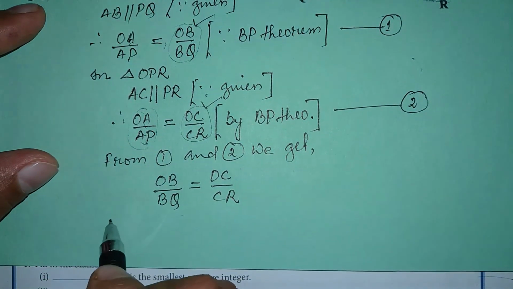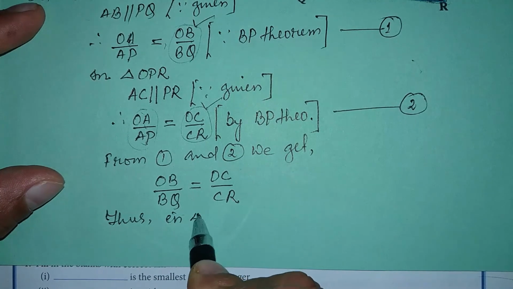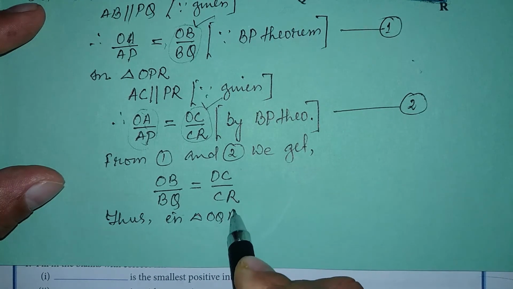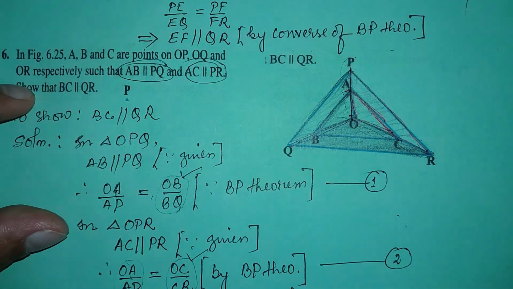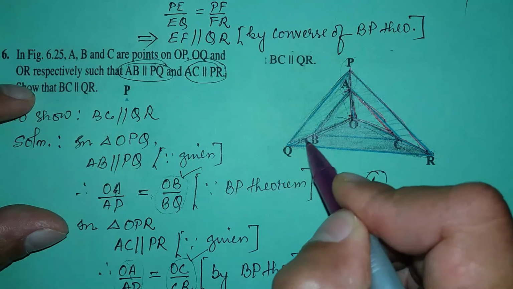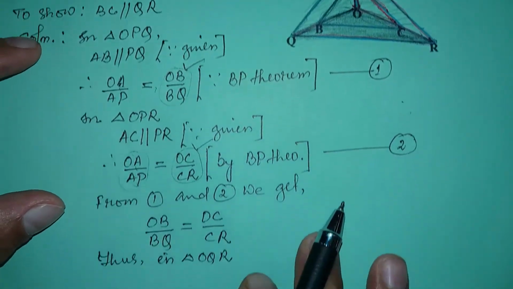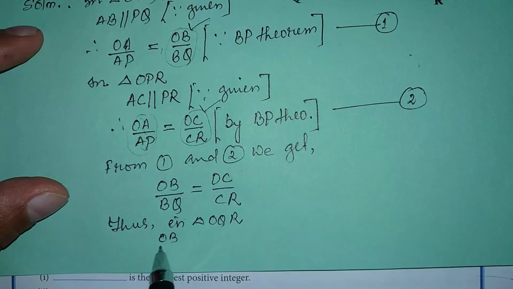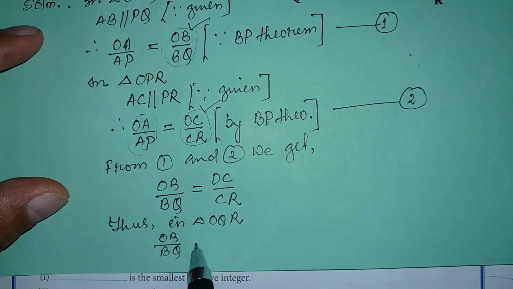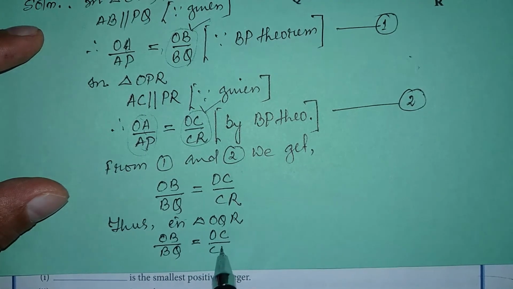So let's write this in triangle OQR. In this triangle, OB by BQ is equal to OC by CR.